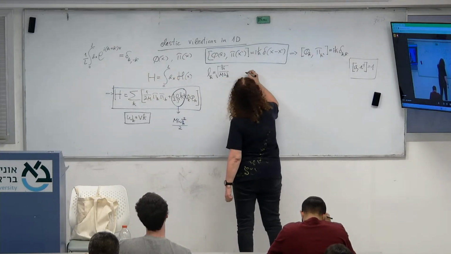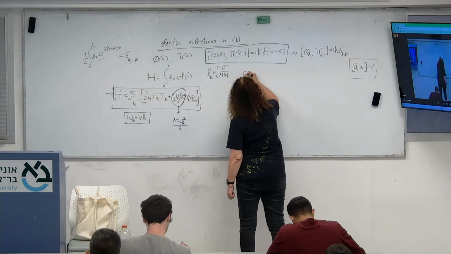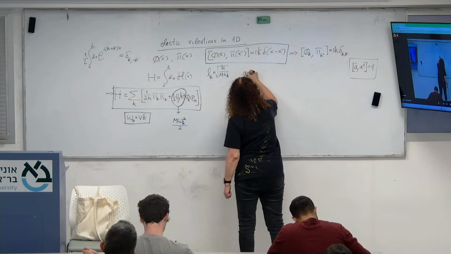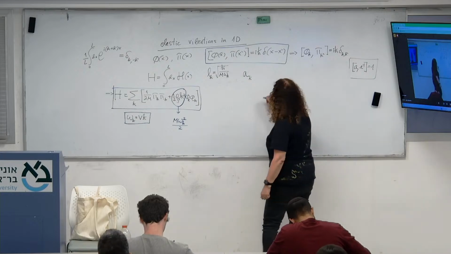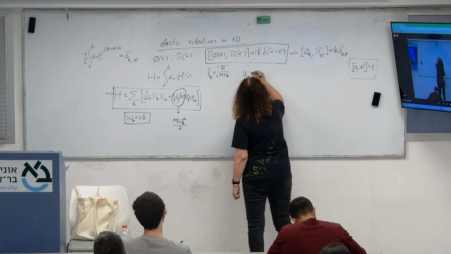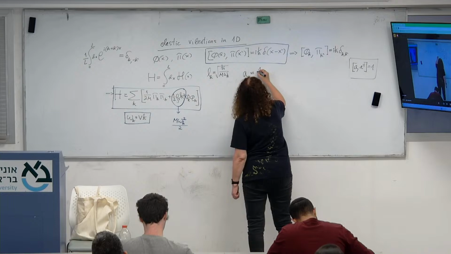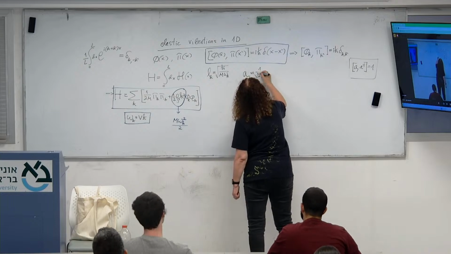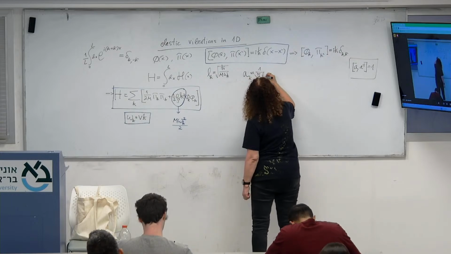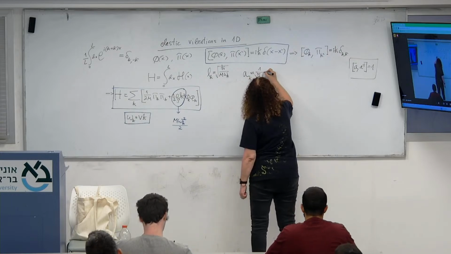And in terms of this length scale, I now define an annihilation operator A_k in complete analogy to what we did for the single particle harmonic oscillator, but with only slight modification.